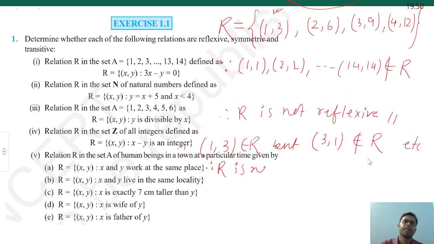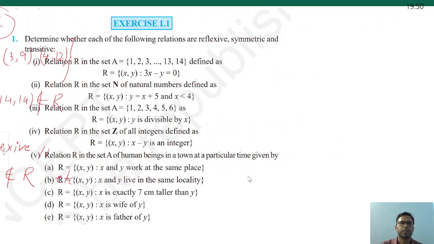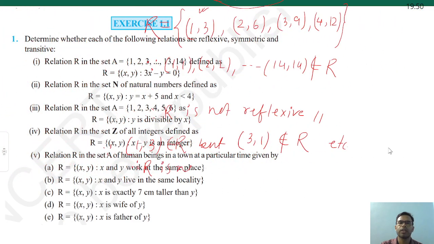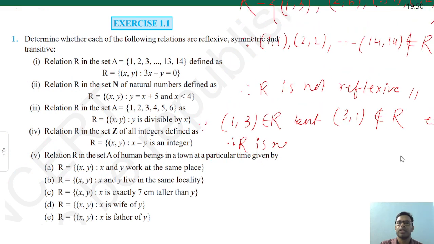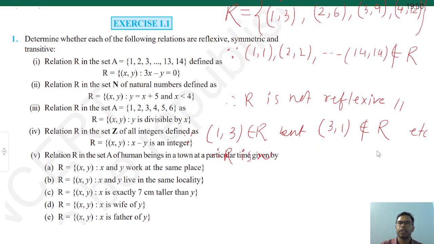বুঝি পালানে? Okay, then come to the next question. Oh sorry, that's the transitive part আছে। Transitive part কি property আছে?